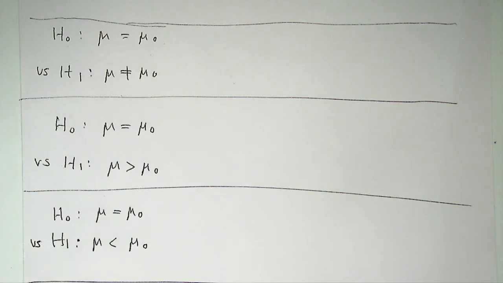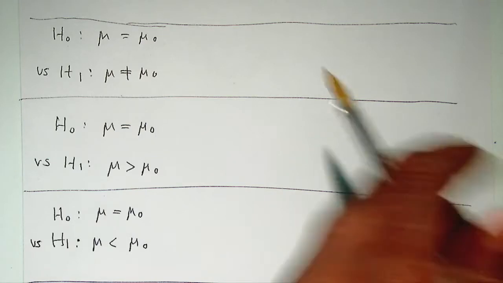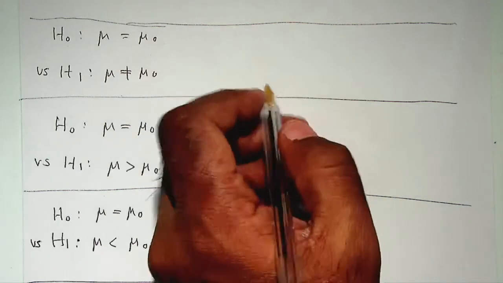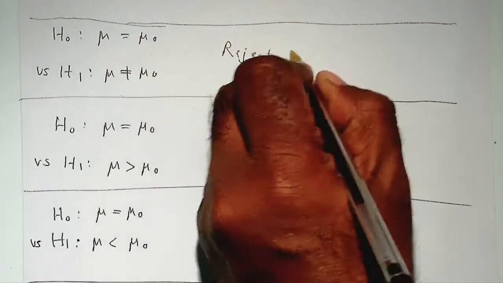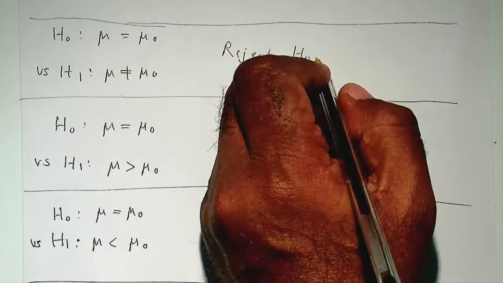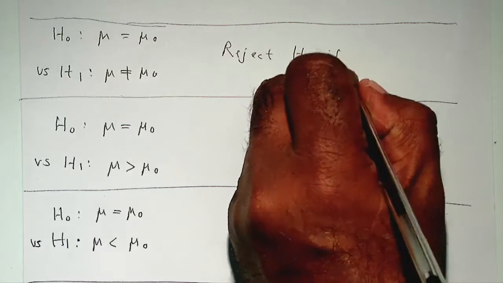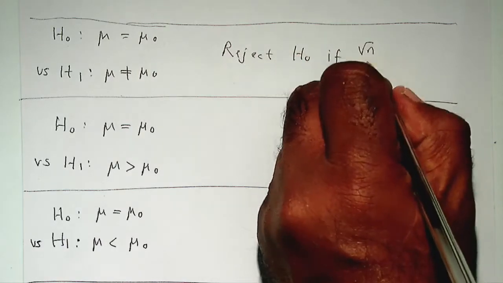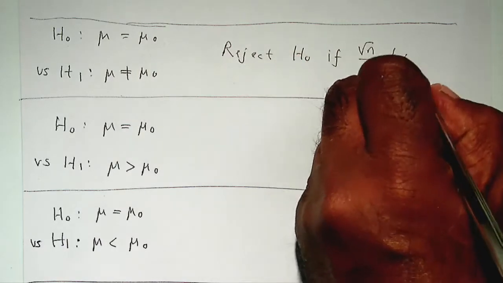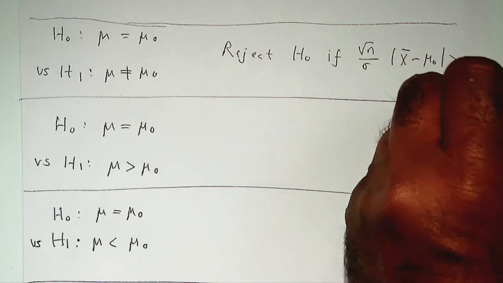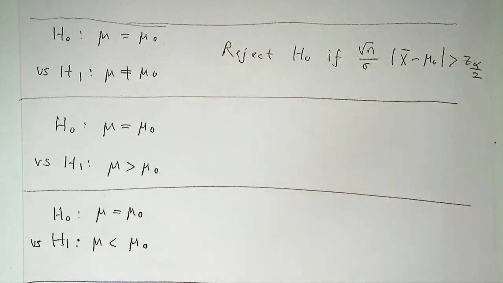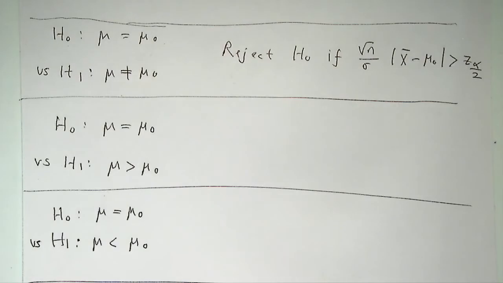And the corresponding rejection rules are as follows. For the first one, the rejection rule, we reject the null hypothesis if this holds. This is the rule for rejecting the null hypothesis.